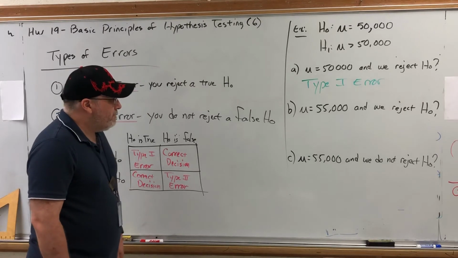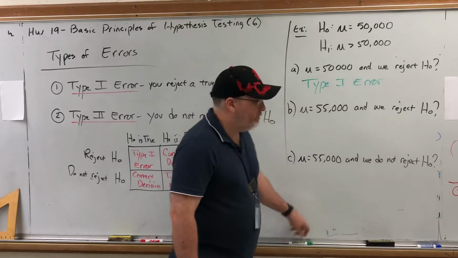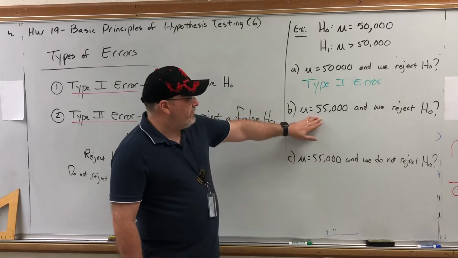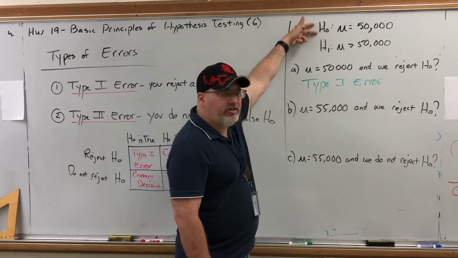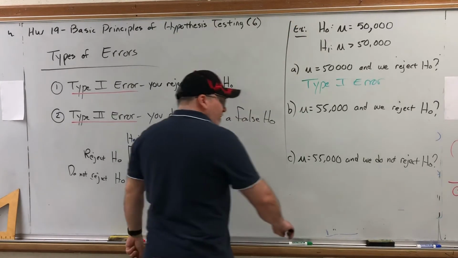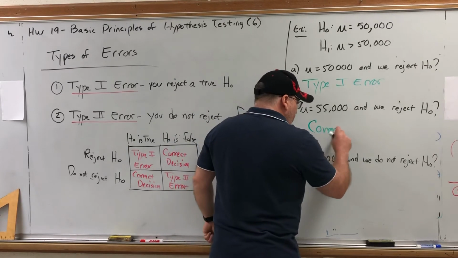Let's look at part B. The mean is actually 55,000, and we reject the null. Well, if the mean is 55,000, then the null is false, and we should reject it. So rejecting a false null hypothesis is a correct decision.